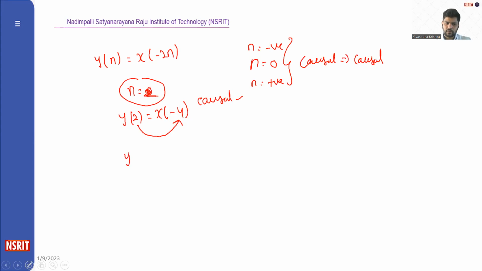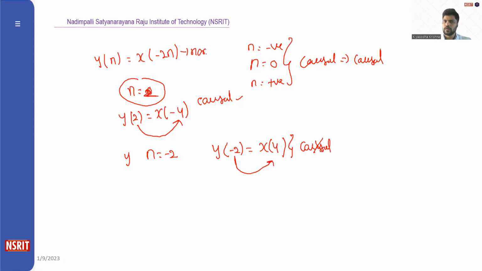For example, if you substitute n is equal to minus 2, you will get y of minus 2 is equal to x of 4. Means the present output depends on the future. It is not causal. So the system is not causal. Please keep this in your mind for such scenarios.